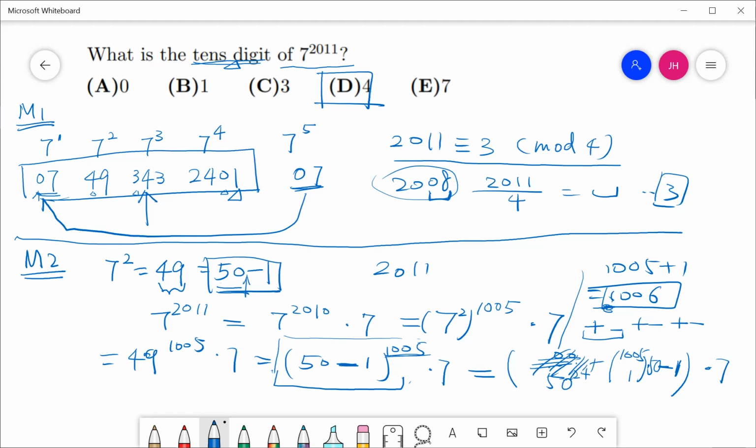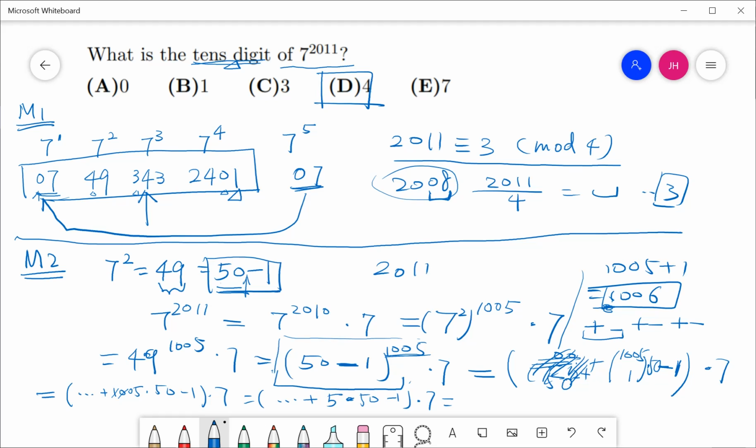So let's just ignore those. So this term will just equal some dot dot dot plus 1005 times 50 minus 1, times 7. That's 1000 plus 5, right? 1000 times 50 is again a lot of zeros at the end, so we ignore those. So that's just 5 times 50 minus 1, times 7.